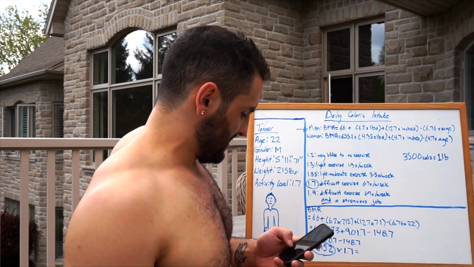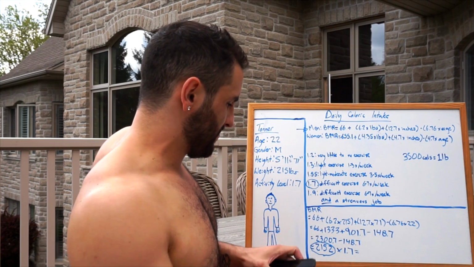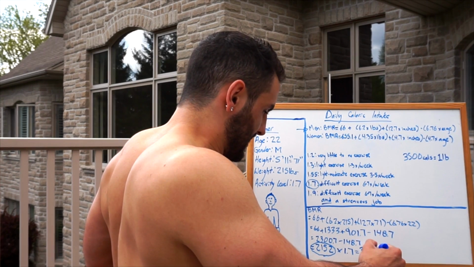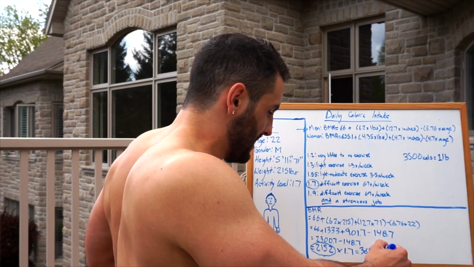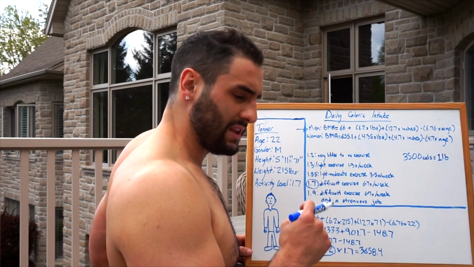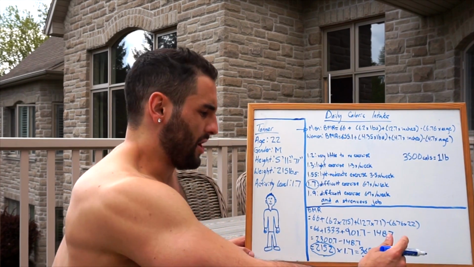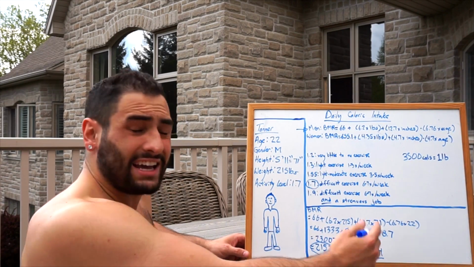And from that, so we'll multiply 2152 by 1.7. I am now able to see that my daily caloric intake needs to be 3,658.4 calories per day. Now, in order for us to lose weight, because that's the goal of this, we're going to have to make a calorie deficit.